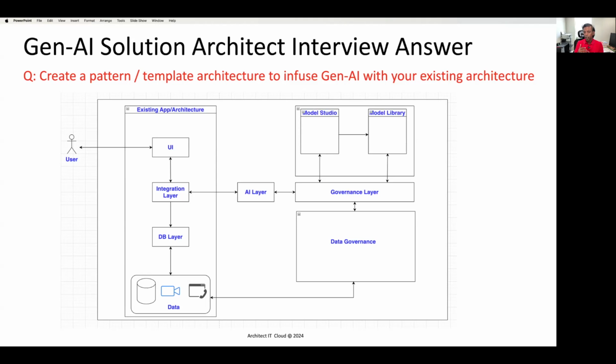If you do that, there will be a big disaster. Your existing architecture will fail, and your organization's reputation will also fail. So make sure that you explore the governance of generative AI and how you can implement it with your existing architecture. This is the high-level overview of how you can integrate the existing architecture with the generative AI architecture.